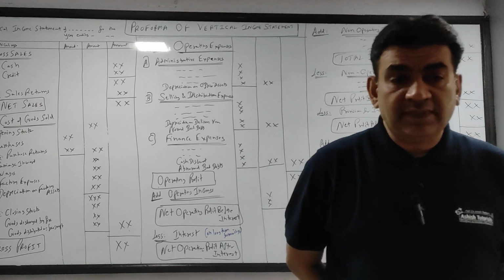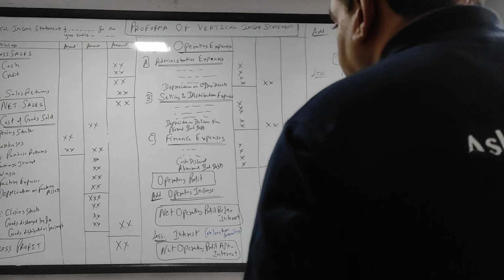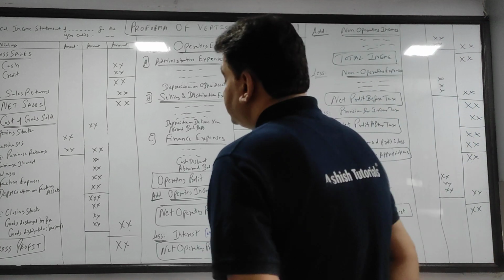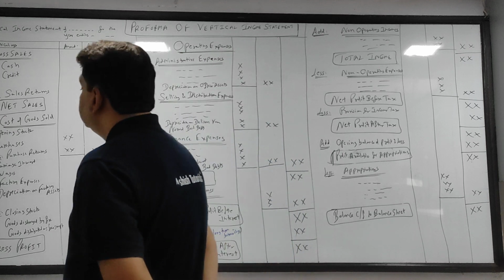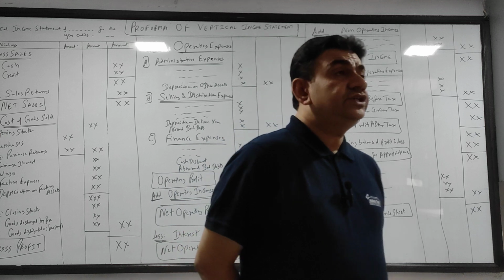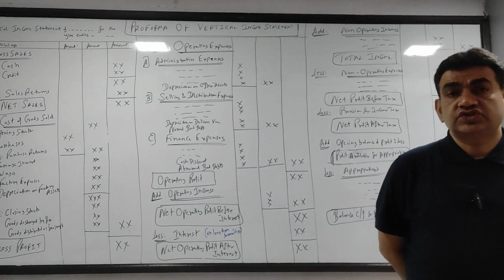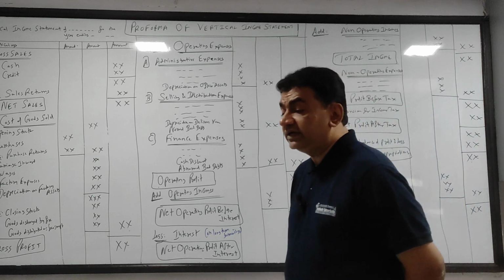In the above format, the cost of goods sold is shown for a trading company.